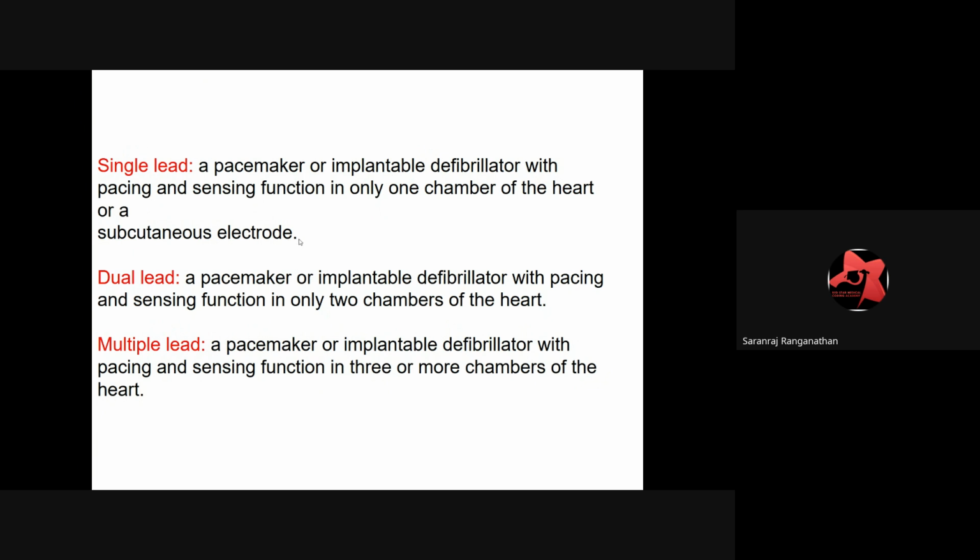So that is a single lead. Dual lead means a pacemaker or implantable defibrillator with pacing and sensing function in two chambers of the heart. Then multiple lead means a pacemaker or implantable defibrillator with pacing and sensing function in three or more chambers of the heart. Okay, that is multiple lead.